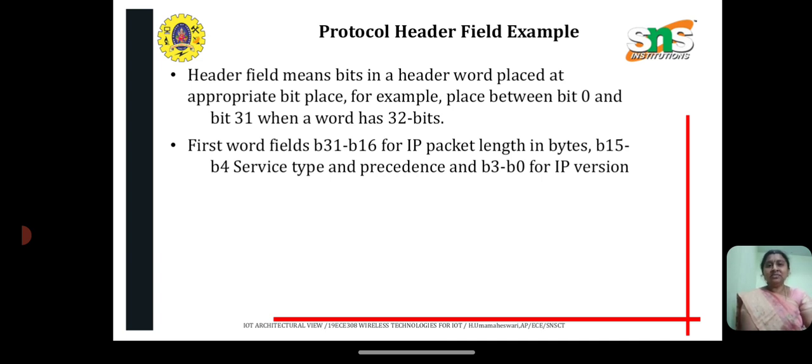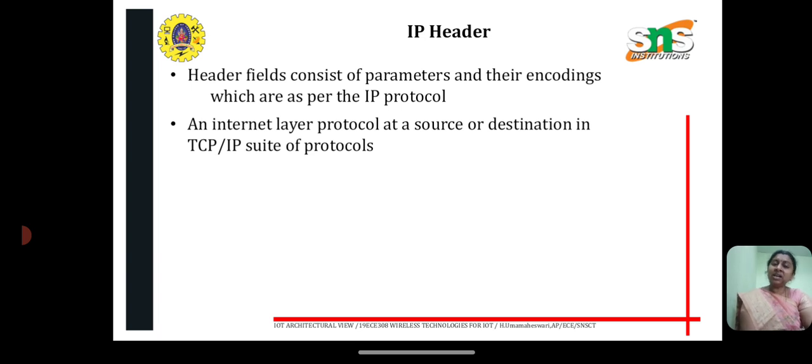The first word fields are B31 to B16 for IP packet length in bytes, B15 to B4 for service type and precedence, and B3 to B0 for the Internet Protocol version. Here the header field consists of parameters and their encodings which are as per the Internet Protocol.